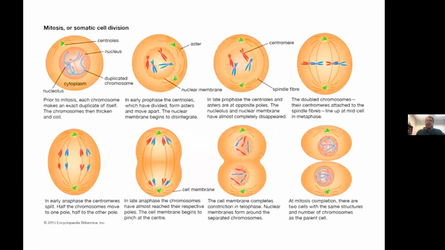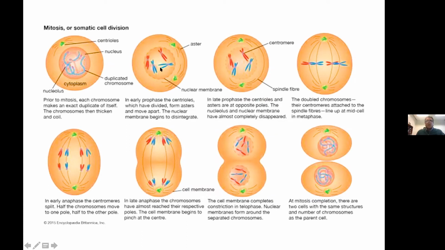Okay, this is a scheme that tells you a little bit about what happens during cell division. So the stages are, as the cell goes into cell division, two different organelles begin to form, called the centrosomes. These green things here.